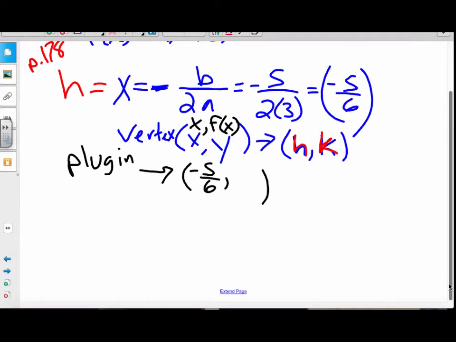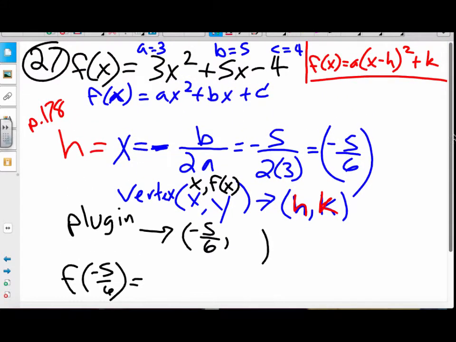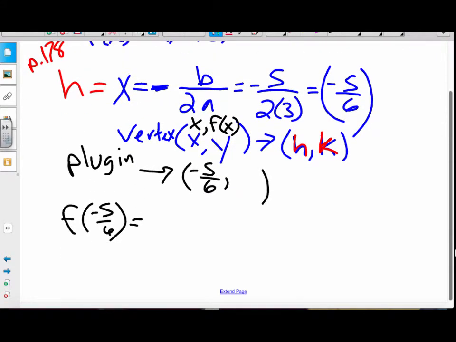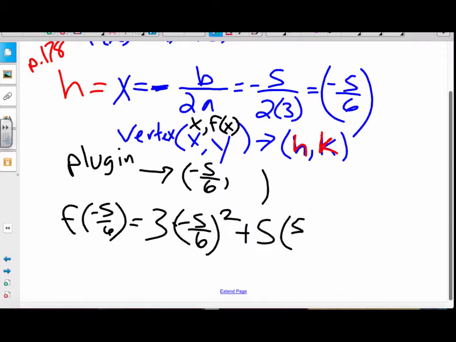I've got to plug this into the original equation. So the original equation was f of x, but really I'm going to do f of negative 5 over 6. What was that thing again? 3x squared plus 5x minus 4. So 3 times negative 5 over 6 squared plus 5 times negative 5 over 6 minus 4, wasn't it?